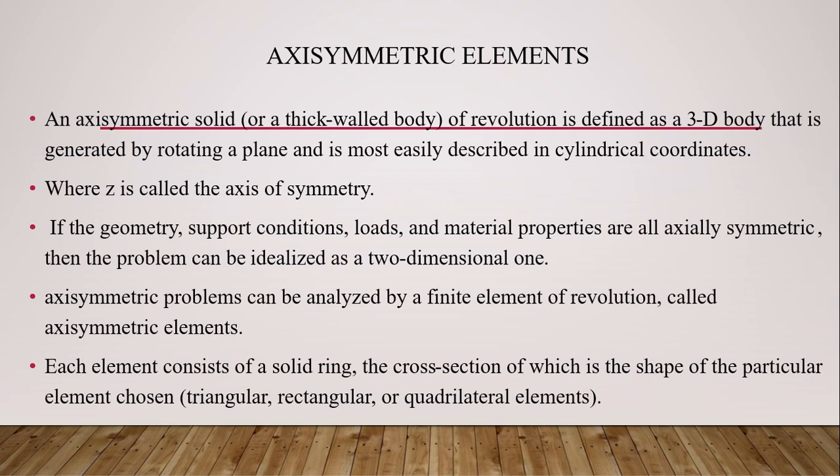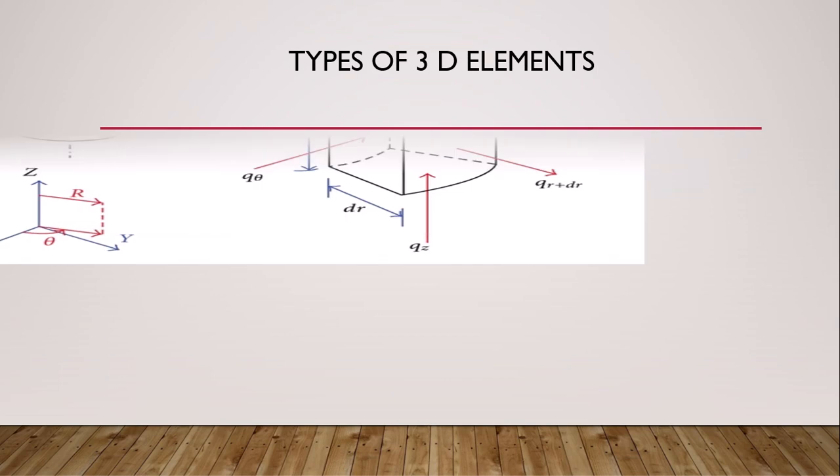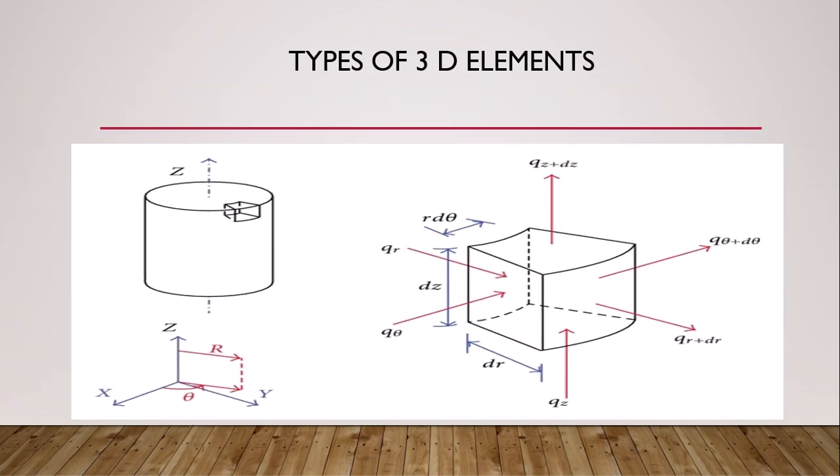Again, we can divide any structure with the help of this Z axis. This axis is nothing but the axis of symmetry. The example here is one structure which is divided with the help of this Z axis, and this small element we have to analyze with the help of this axis.